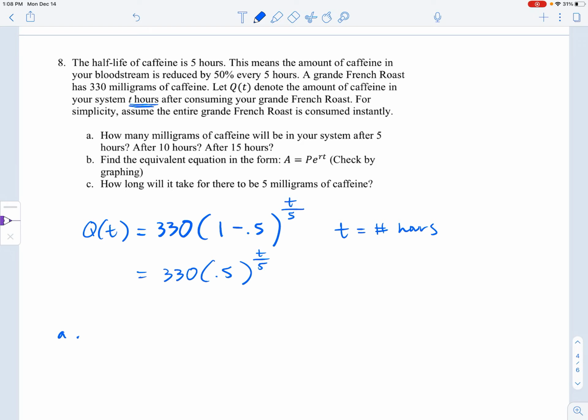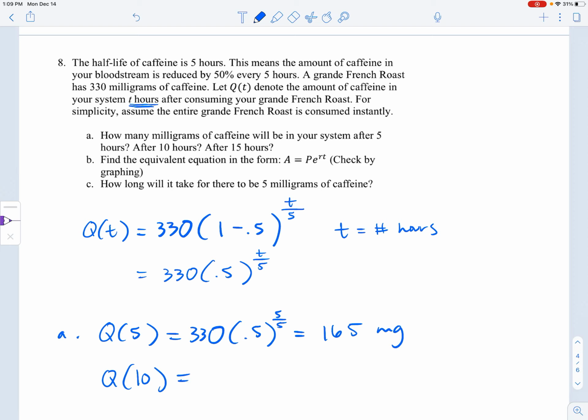So A asks us how many milligrams of caffeine will be in your system after 5 hours, after 10 hours, after 15 hours. So to find after 5 hours, well, that's just one period, right? So if we plug in 5, you can figure that out in your head. But if we want to use the equation of our function, that ends up being just 1/2 of 330, which is 165 milligrams.